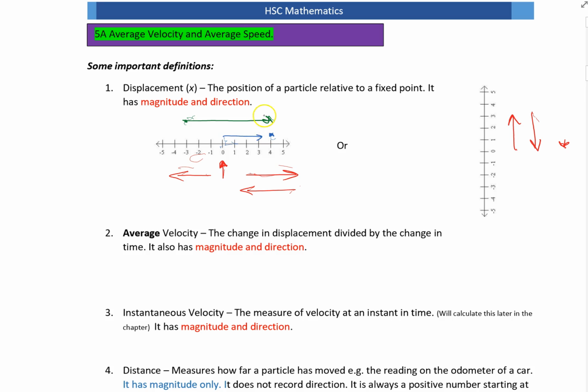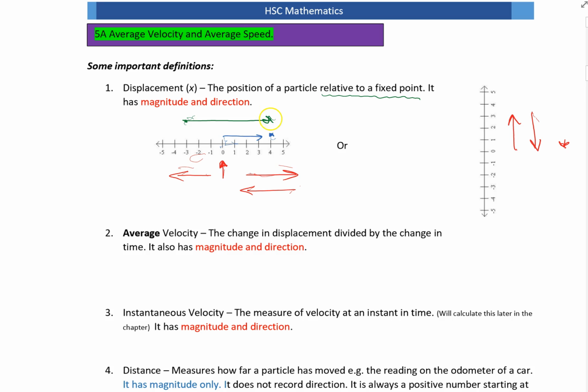And it's plus 4 because it's moved in the positive direction. The reason that it is 4 is because the displacement is the position of the particle relative to a fixed point. My fixed point is 0. It's basically where does the particle stop.